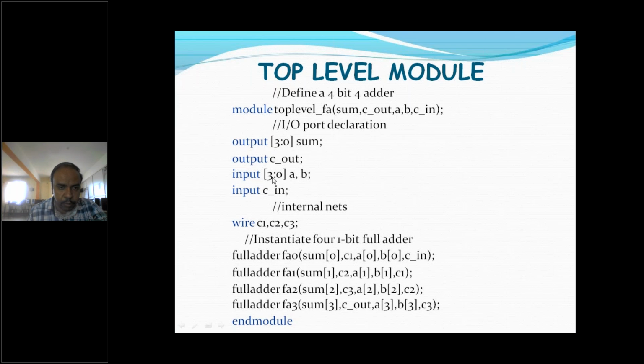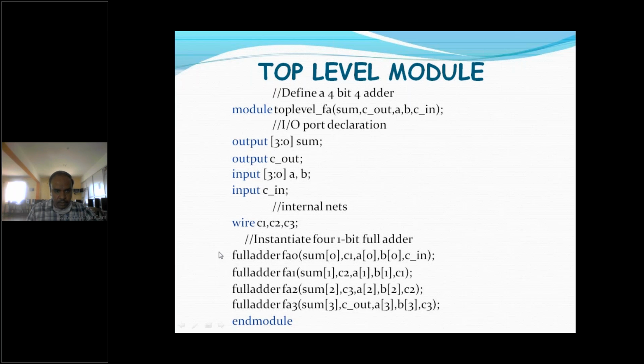Again, inputs A will take 4 bits at a time, say 0 0 0 0 to 1 1 1 1. Similarly, B can take 4 bits at a time, 0 0 0 0 to 1 1 1 1. Cin can hold a single bit at a time, meaning it can take either 0 or 1.